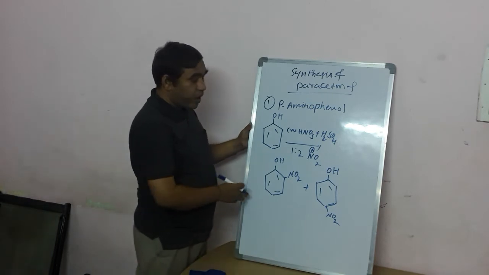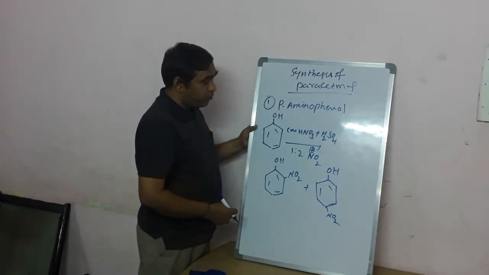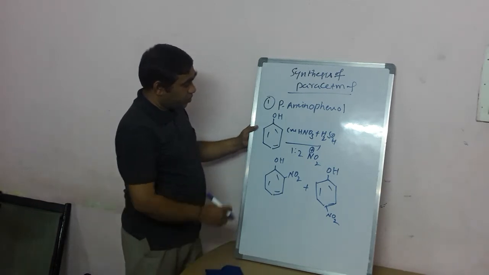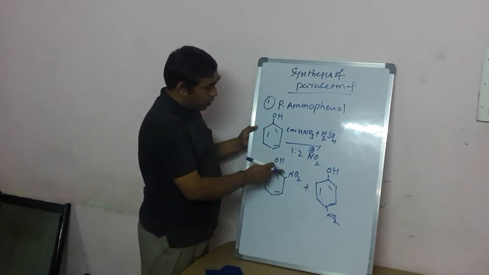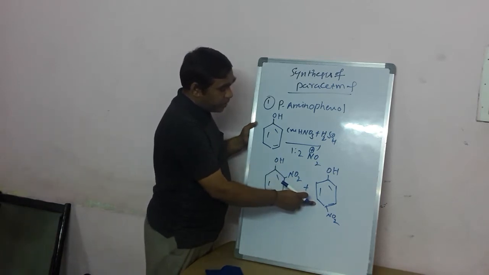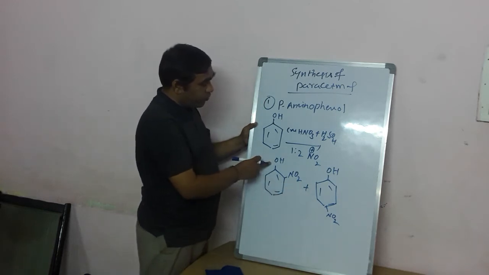From this mixture, we separate the para-nitrophenol by the steam distillation method. Of these two compounds, ortho-nitrophenol has intramolecular hydrogen bonding, and para-nitrophenol has intermolecular hydrogen bonding. Due to this, ortho-nitrophenol is more volatile and easily evaporates.